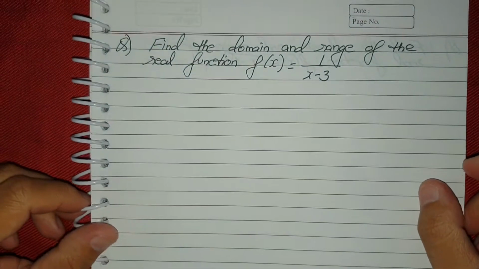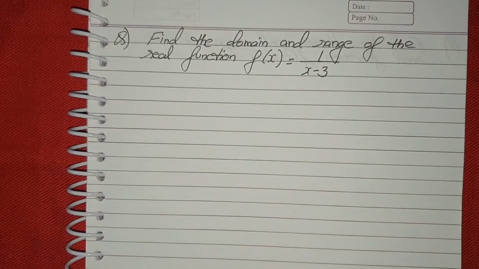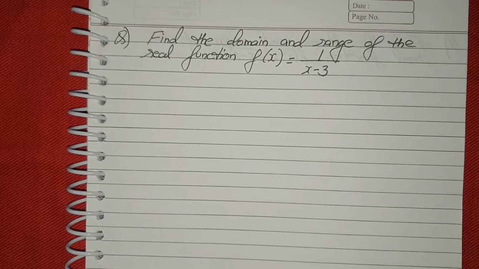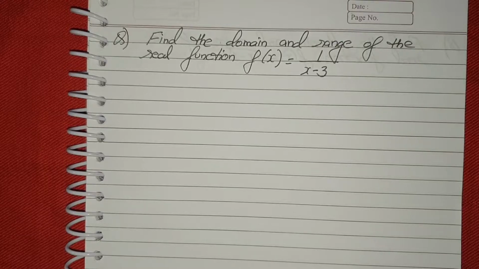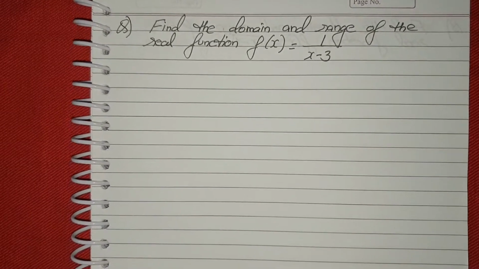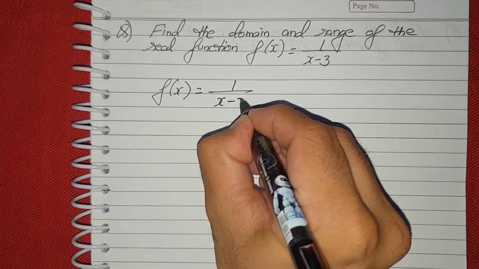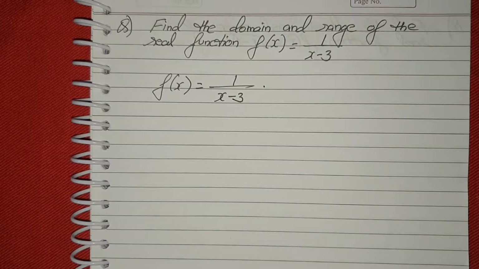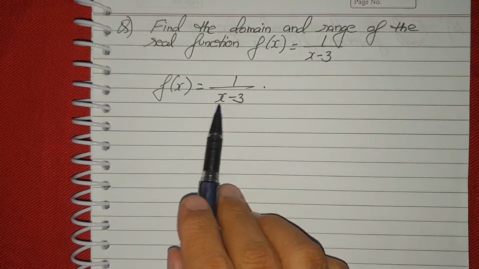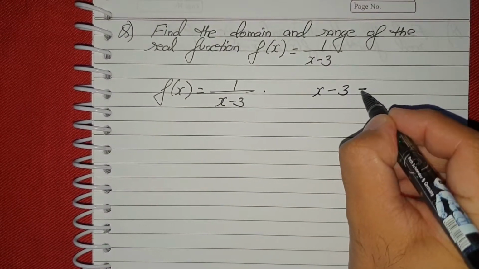Okay. So our next example is, find the domain and the range of the real function f(x) = 1/(x - 3). As we have already discussed domain and range in our theory part. Now you see clearly f(x) is not defined when x - 3 becomes 0.